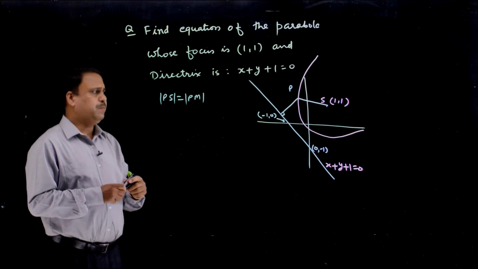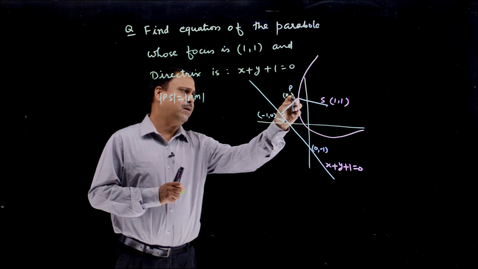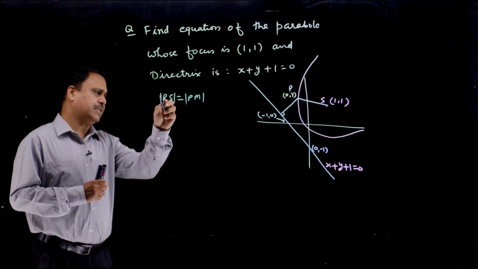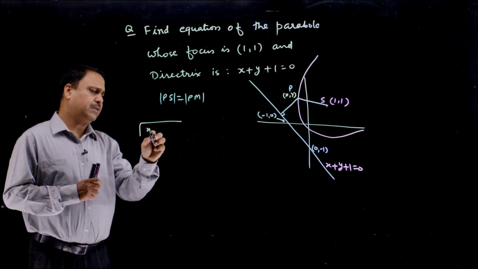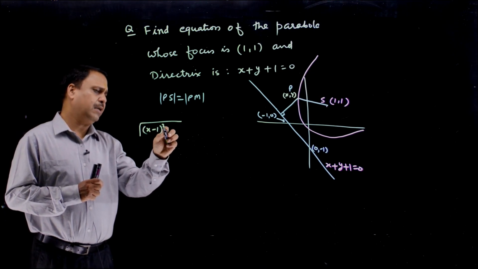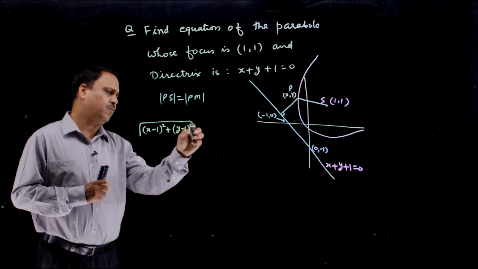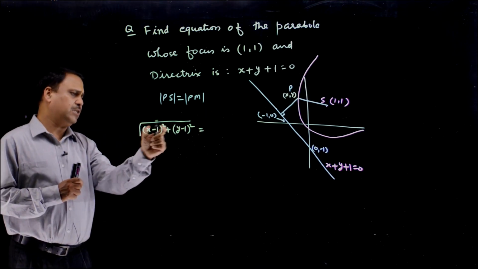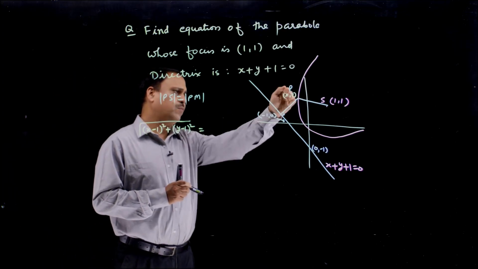What is P? P is a moving point. So P point I will take as (x, y). So PS is under root of (x - 1) square plus (y - 1) square, using the distance formula. This must be equal to the distance of this line from this point.